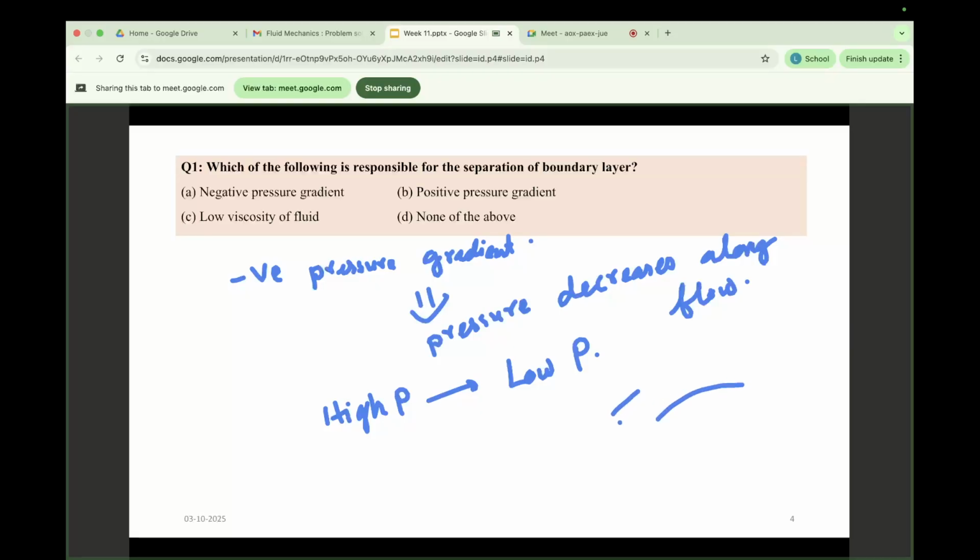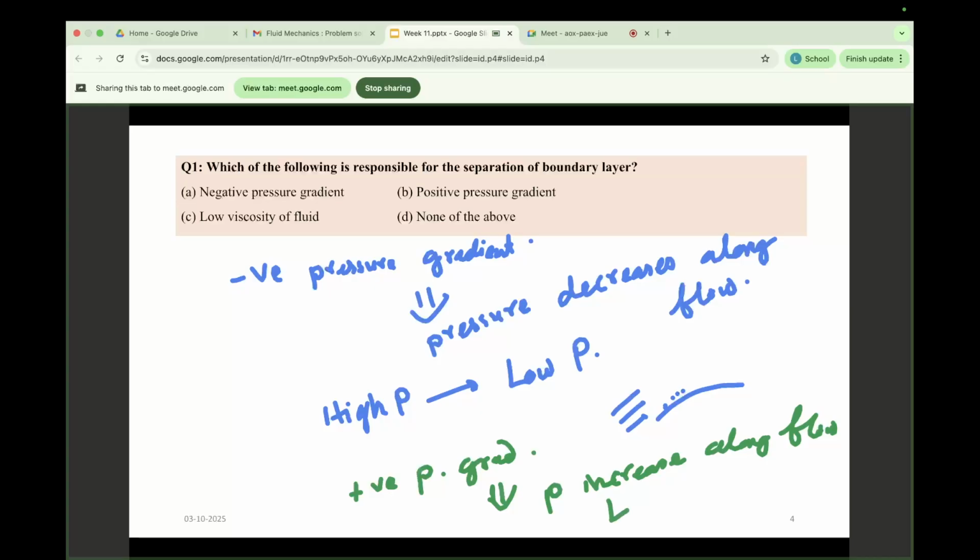a fluid that is flowing has a high tendency to remain attached with the surface. And in the positive pressure gradient, this implies pressure increases along flow.